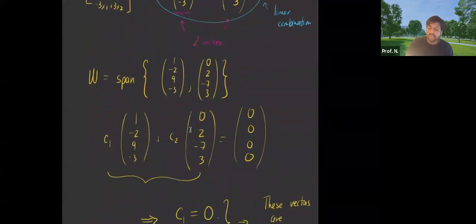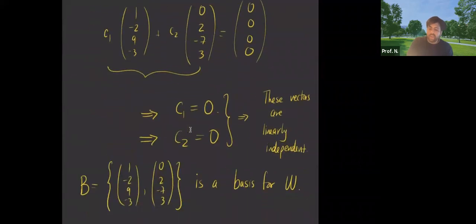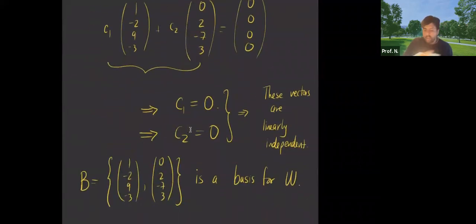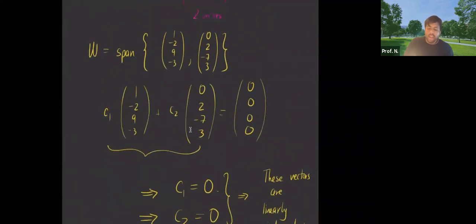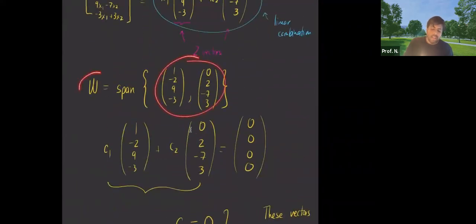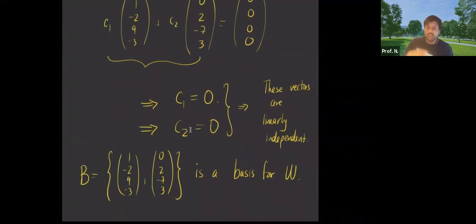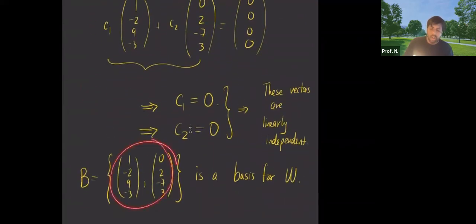And then we just showed that these two vectors themselves in R4 are linearly independent. Immediately, we're able to show that C1 and C2 must only be 0. So because we have a linearly independent set, and we have a set that spans that subspace, our conclusion is that this is a basis for my vector space W.